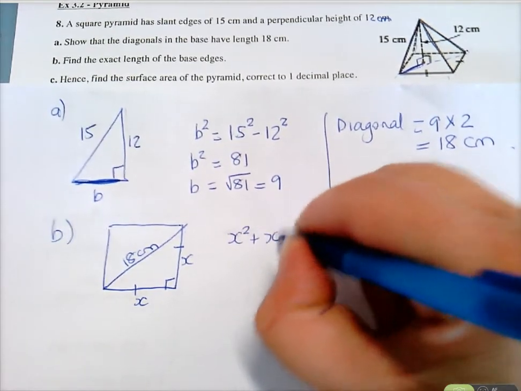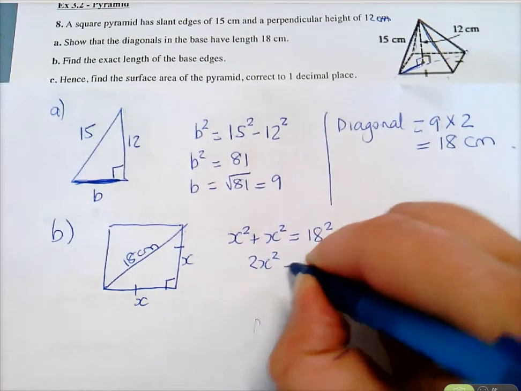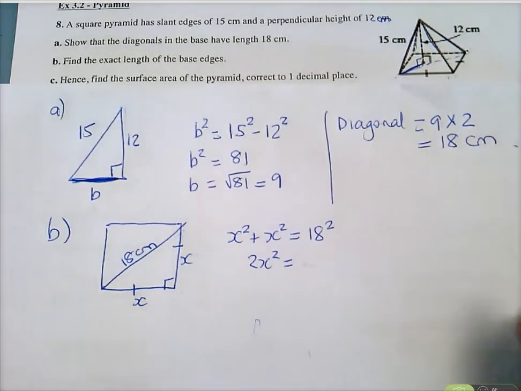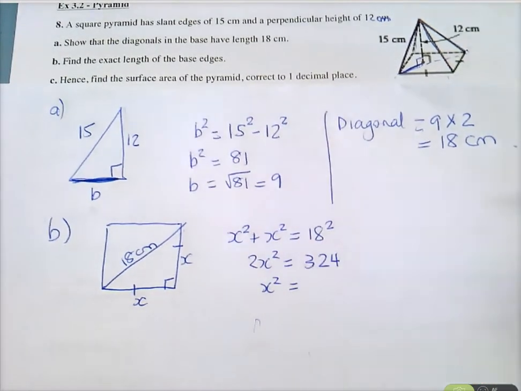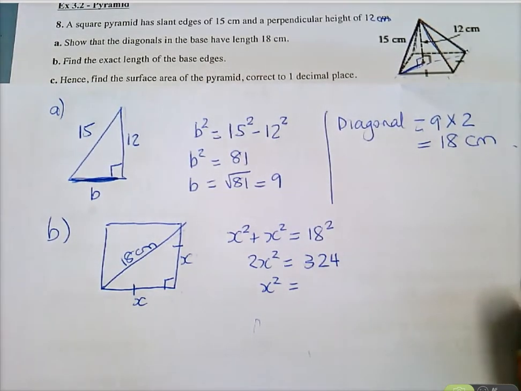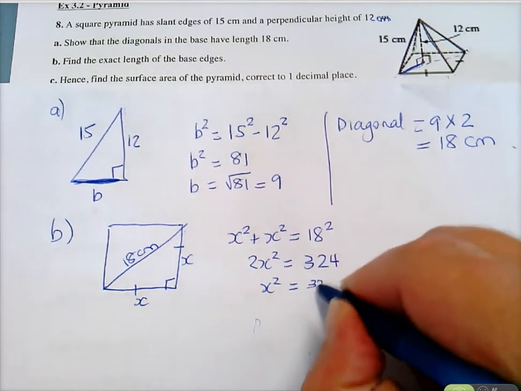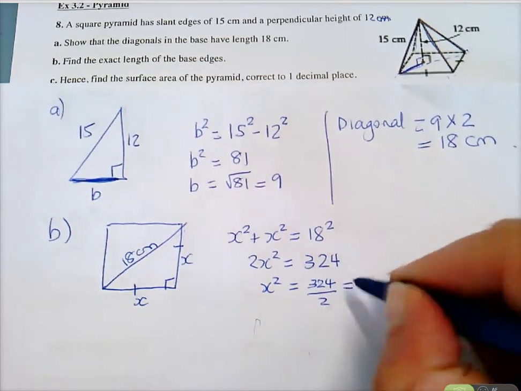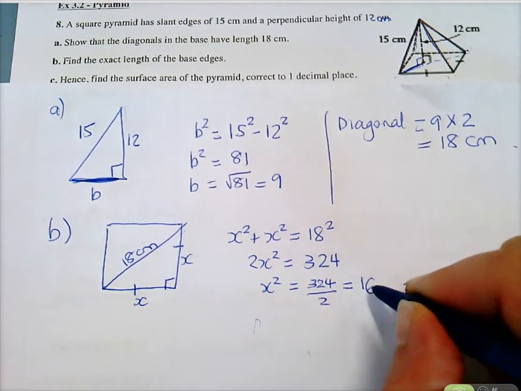X squared plus x squared is 18 squared. 2x squared is, I don't know what 18 squared is, girls. It's like 324. X squared is 324 divided by 2. You good with that? Because that's what 2x squared is. So x squared is 324 divided by 2, which is 162.